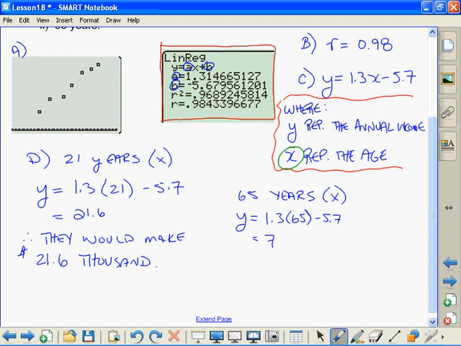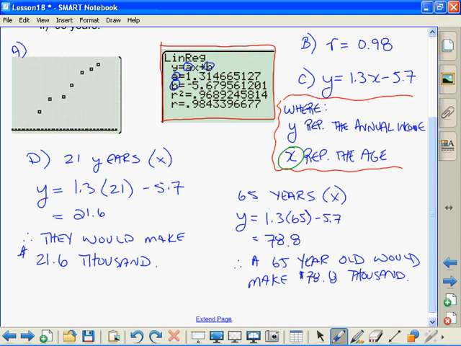So therefore, a 65-year-old would make 78.8 thousand.